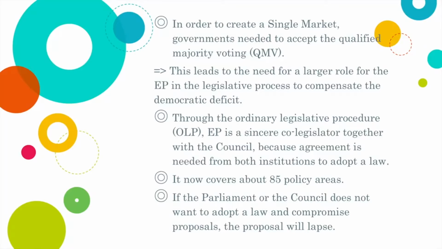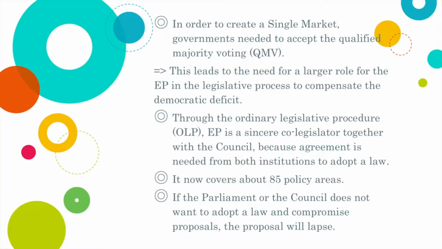This leads to the need for a larger role for the European Parliament in the legislative process to compensate the democratic deficits. Through the ordinary legislative procedure, the European Parliament is a sincere co-legislator together with the Council, because agreement is needed from both institutions to adopt a law.